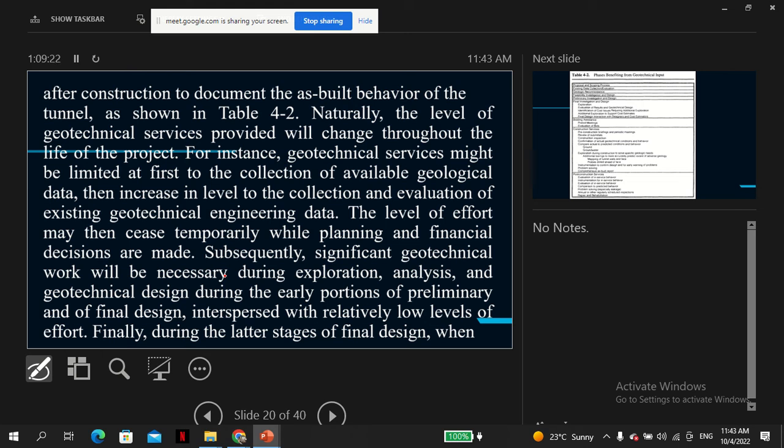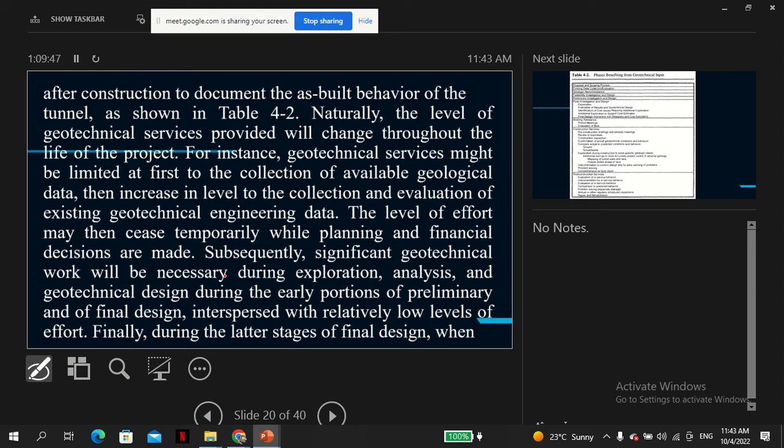Subsequently, significant geotechnical work will be necessary during exploration, analysis, and geotechnical design during the early portions of preliminary and final design, interspersed with relatively low levels of effort. Finally, during the later stages of final design.